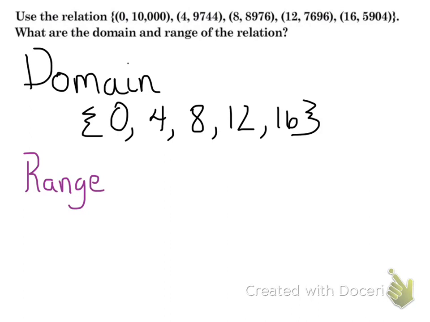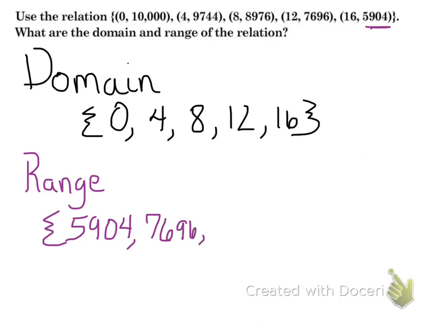So my range, again, I'm listing in order from least to greatest, and that means this last y value I have listed is actually going to be listed first in my set brackets. So that's 5,904, and then I'm going to list the 7,696, and then my 8,976, then my 9,744, and lastly that 10,000.